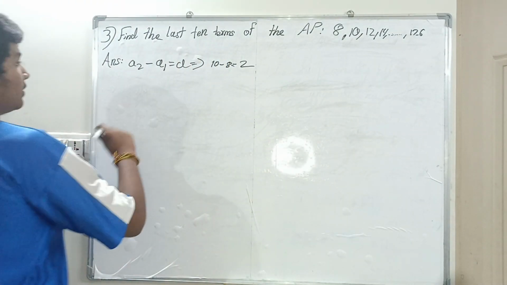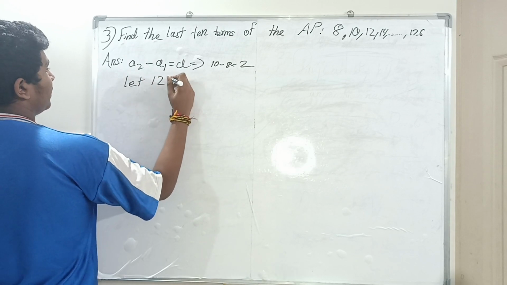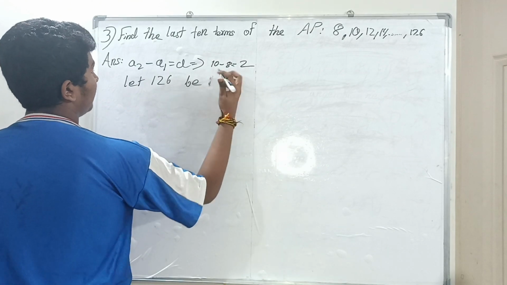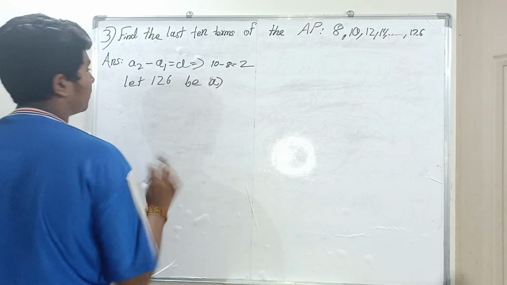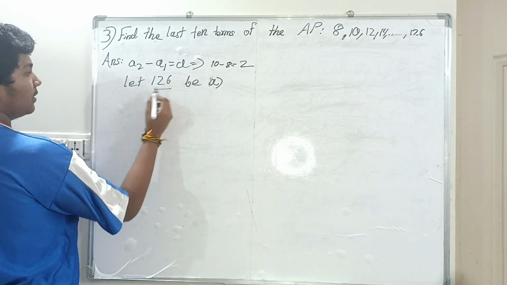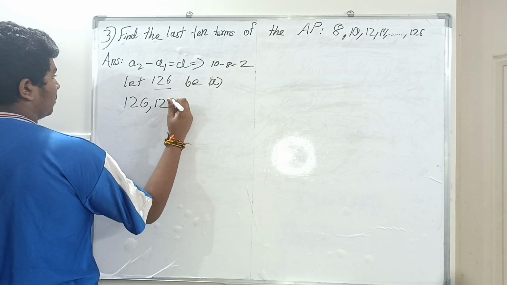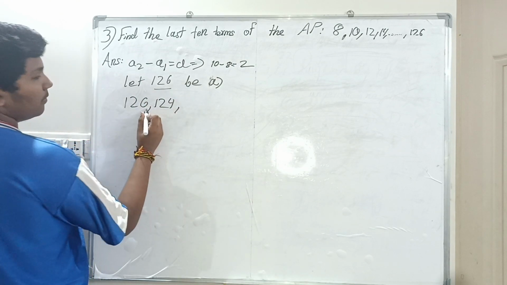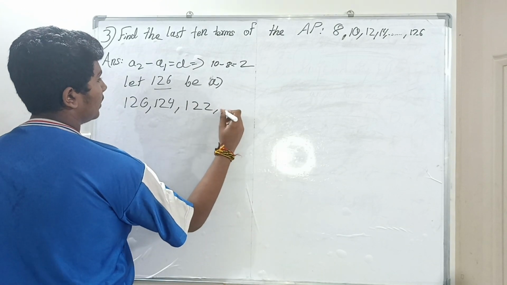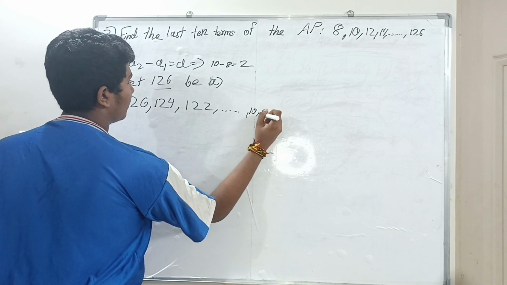So let's see, start it. Let 126 be the starting term, your A. Okay. So if this is the starting term, it will be 126, 124, because subtracting by 2, right? Then 122 and so on till 10 and 8.